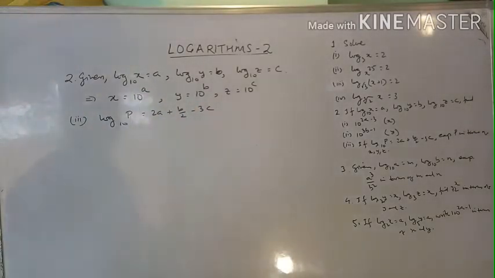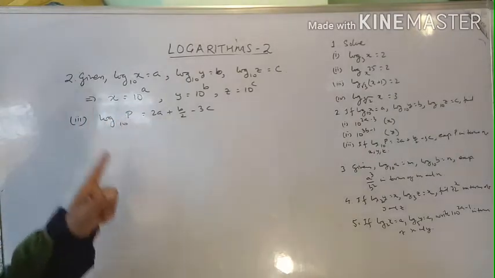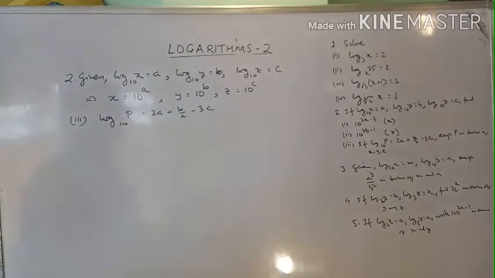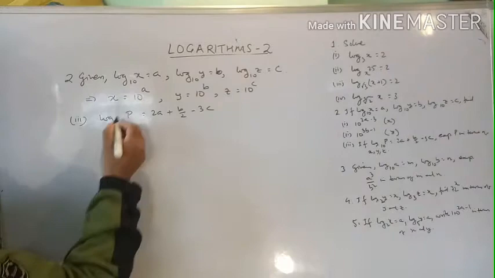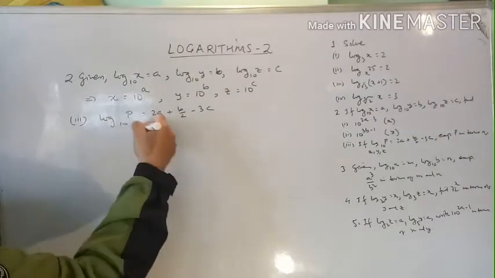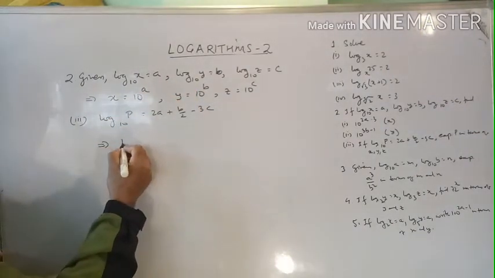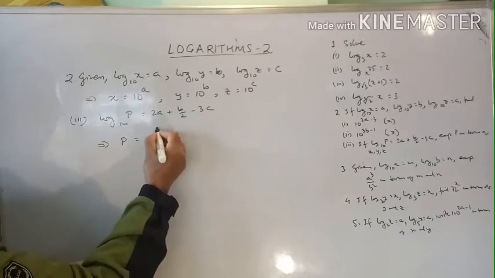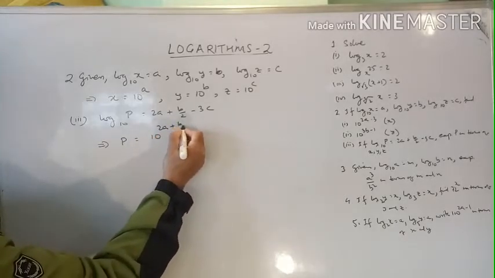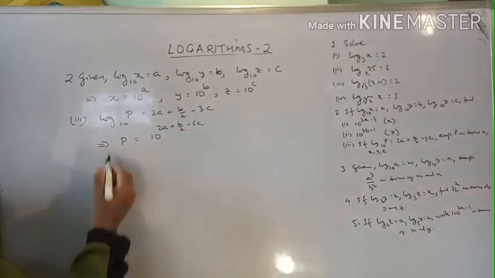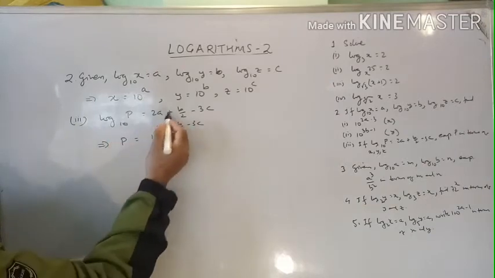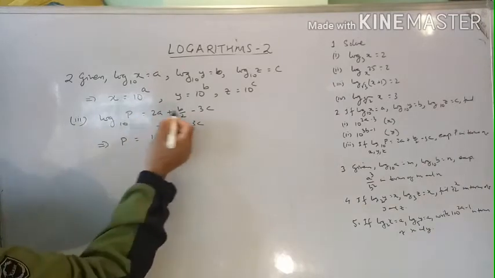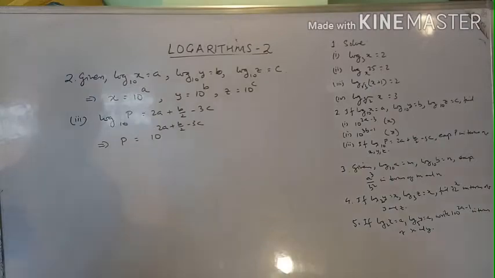Now the question says express p in terms of x, y and z. So to find the value of p, we change logarithmic form into exponential form. So that will give you p is equal to 10 to the power 2a plus b by 2 minus 3c, because base is 10. So this logarithmic value of p is the exponent of base 10.